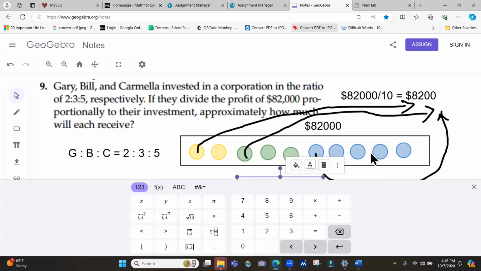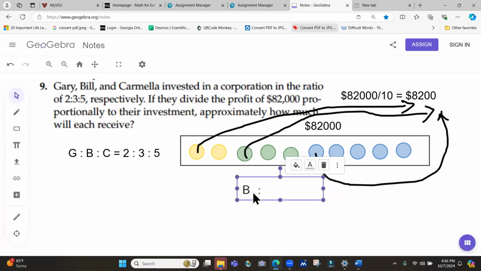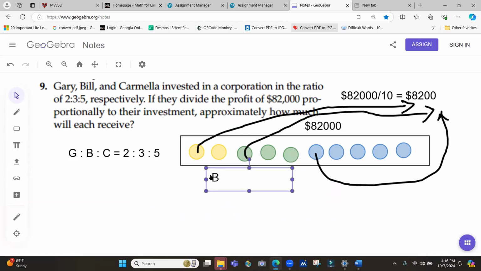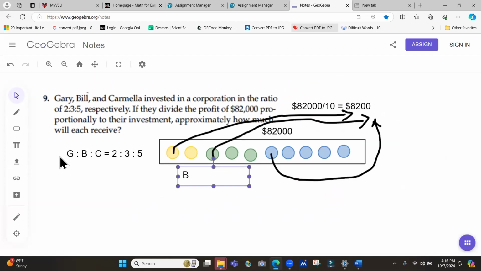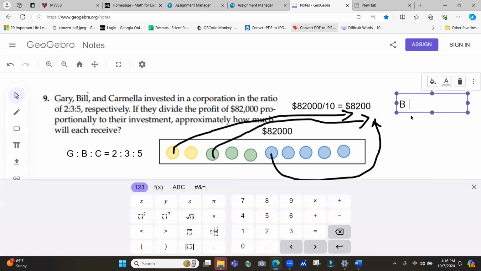Bill will get, I do need some room. I'll do it here. Bill should get 2 times 8,200 dollars.